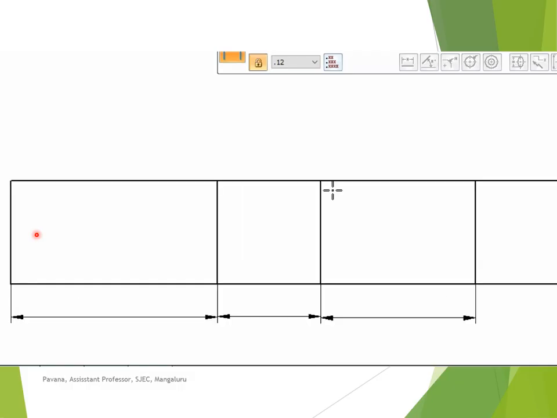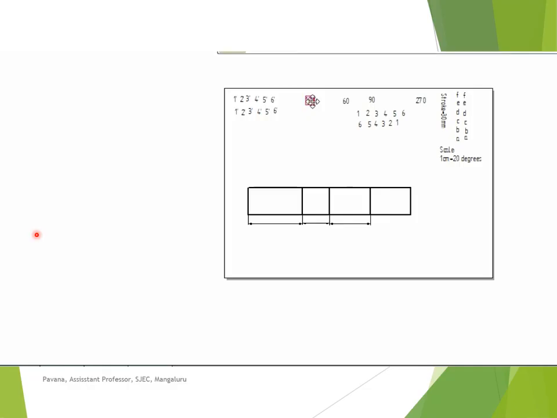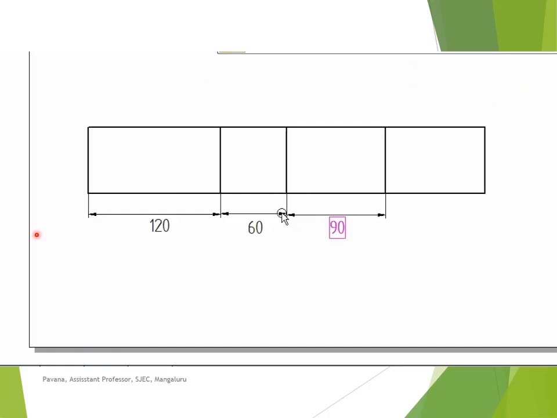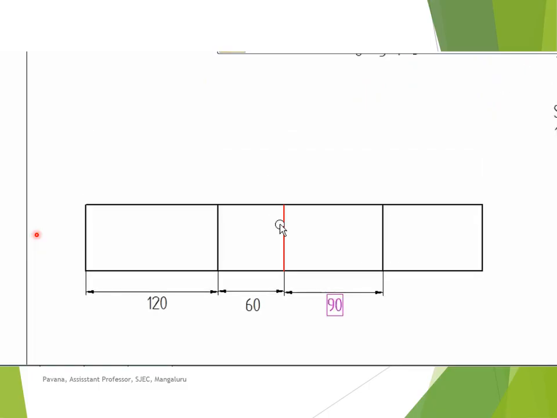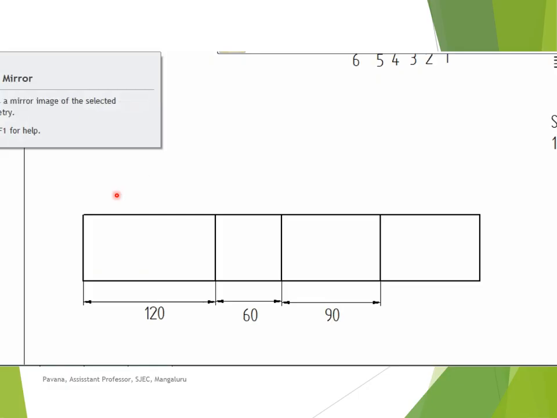Write all those angles. Okay, first is 120, next 60 and 90. Okay, angles. So this is how you have to divide the box into different parts. Angles are given in the question. According to that, you have to divide. Now first one is 120 degree. So we will just concentrate on that now.